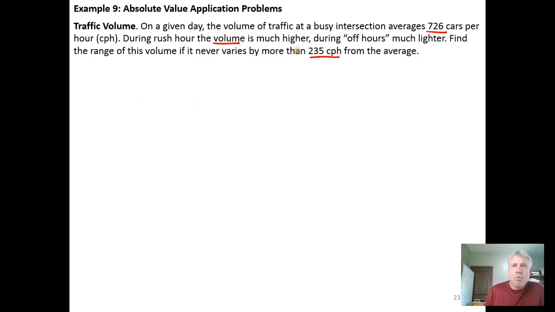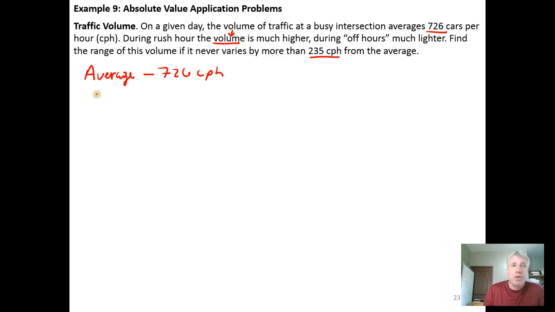So what I want to do is catalog the information I've been given. I'm told that the average volume is 726 cars per hour. The actual volume varies. Sometimes it's higher, sometimes it's lower.